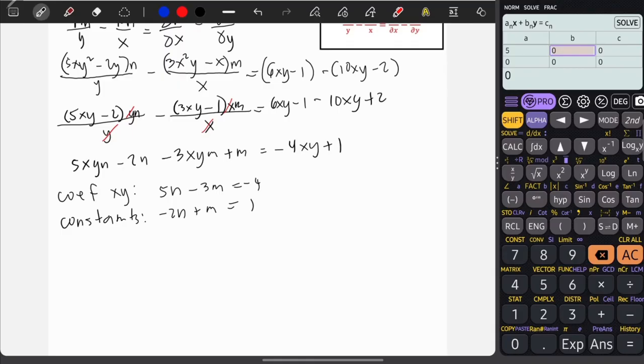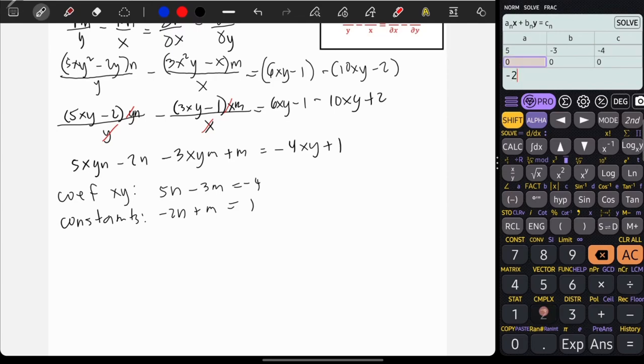For m is negative 3. And on the right side is negative 4. For equation 2, the coefficient of n is negative 2, and the coefficient of m is 1. On the right side is 1.